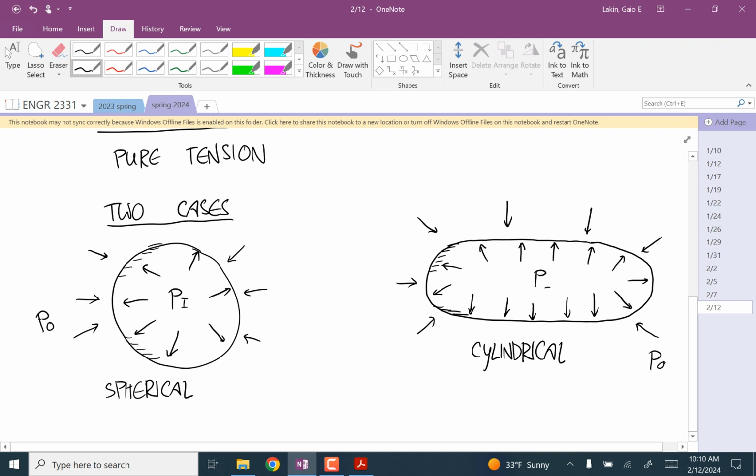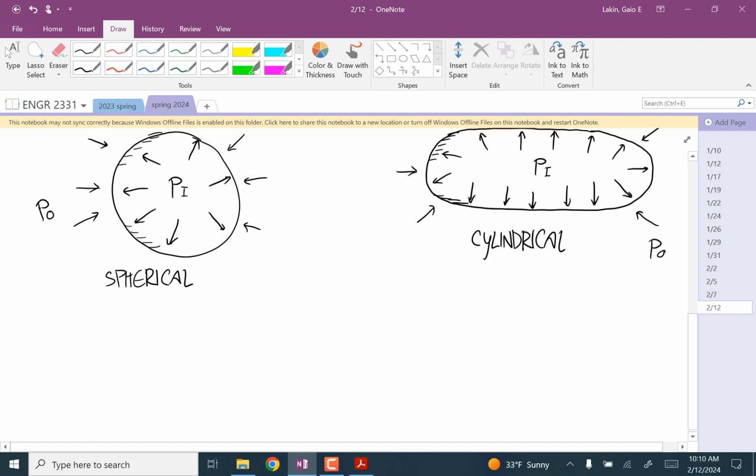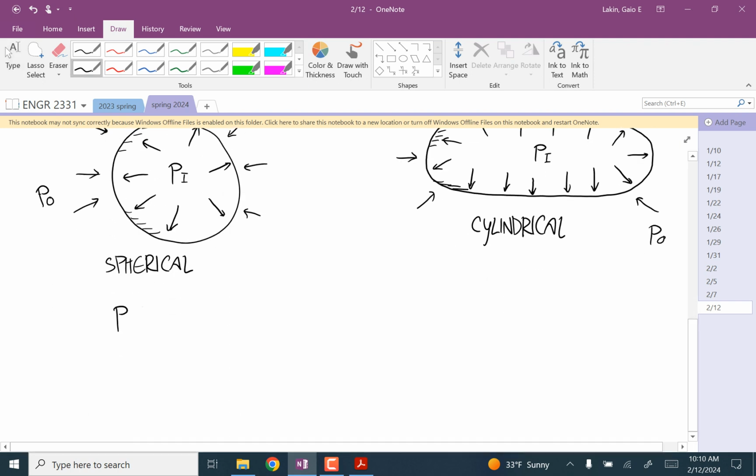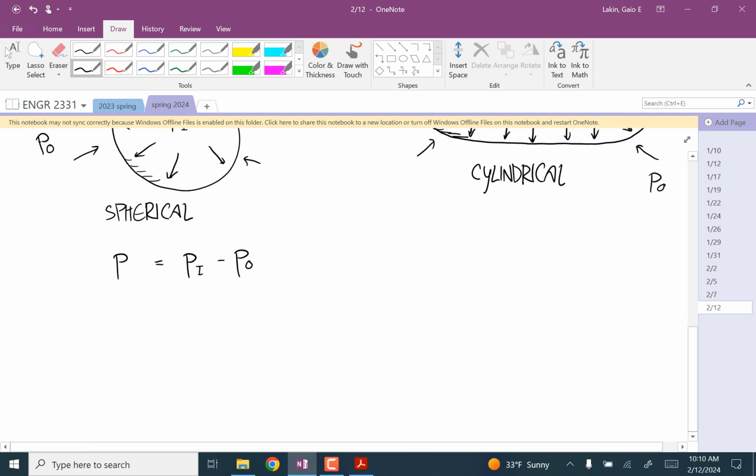So this is P inner. And what I'm going to call the pressure P is P inner minus P outer. So a positive value of P means P inner is greater than P outer.